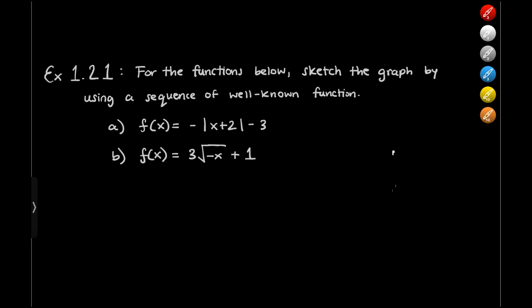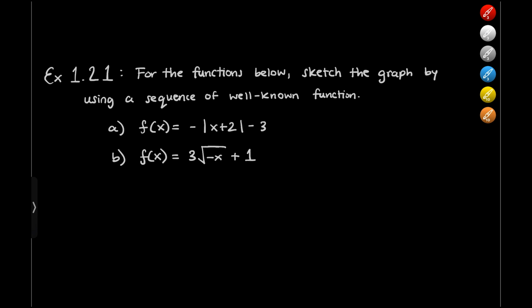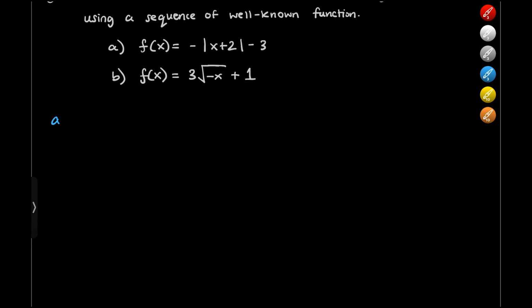So let's take a look at this last example problem for section 1.2, the basic classes of functions. It says, for the functions below, sketch the graph by using a sequence of well-known functions. Let's first look at part A. So we know that the base function was originally an absolute value function, so it would be f of x is equal to the absolute value of x.